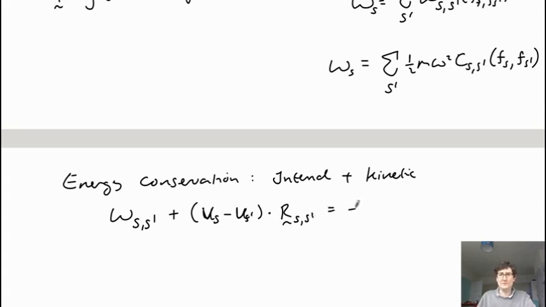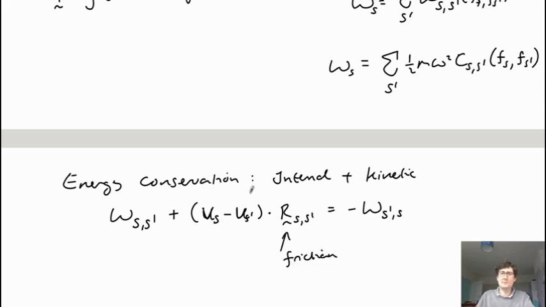That should be equal to minus W_S prime S. Essentially the work done on species S due to S prime must be the same as the work done opposite to the work done by S prime by S. And this takes into account both the internal energies and the work, the kinetic energy. So this is the friction.